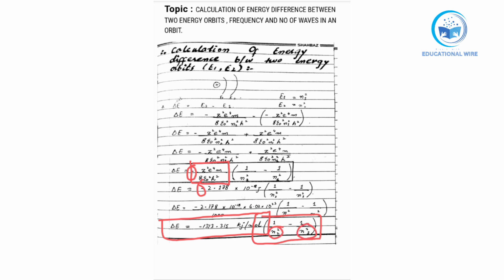So here I said that we can find the energy between two orbits. Wherever in a problem they have given the first orbit value, n1 squared, and then give us the second value, we will use this one formula and put these values in to get the answer of the energy difference between two energy orbits.